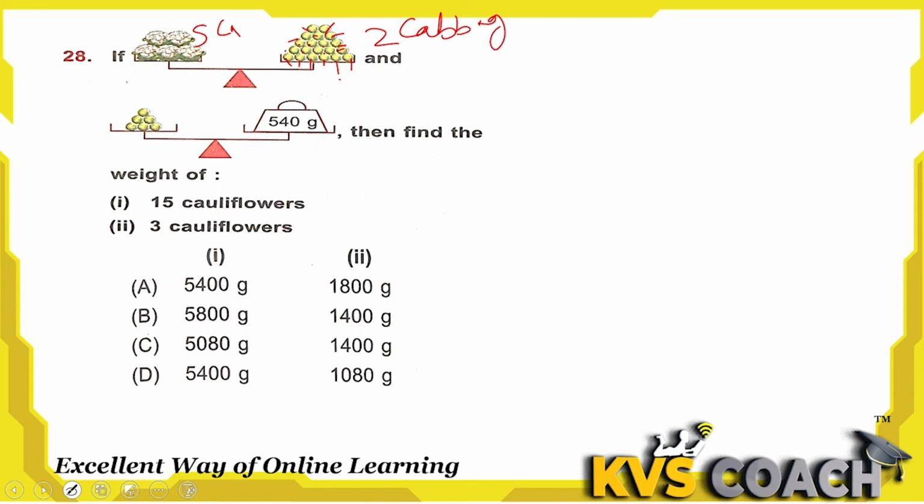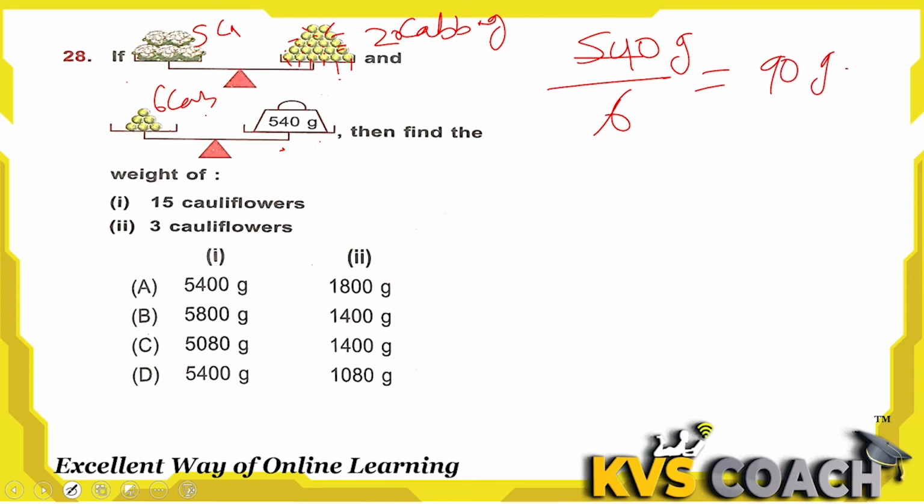Here it is 1, 2, 3, 4, 5, 6 cabbage equal to 540 gram. So 6 cabbage equal to 540 gram. So 1 cabbage equal to 540 by 6, that will be 90 gram. Okay. Here 20 cabbage are here, so 90 gram is 1 cabbage.